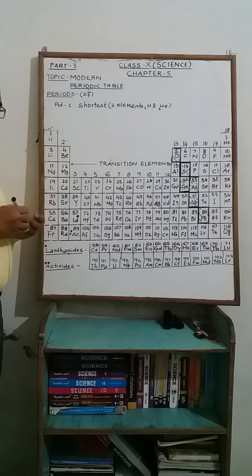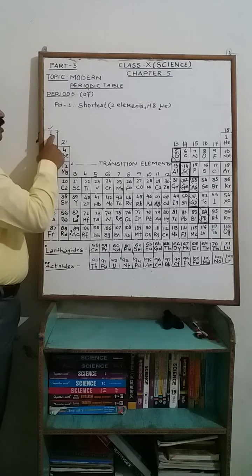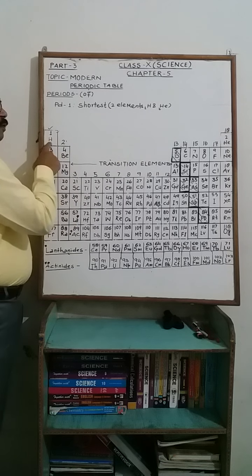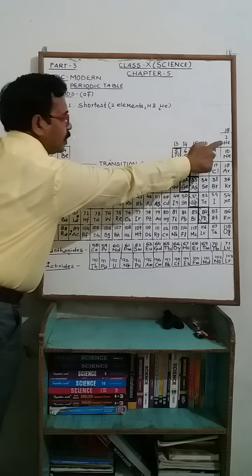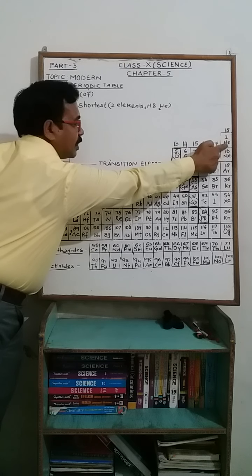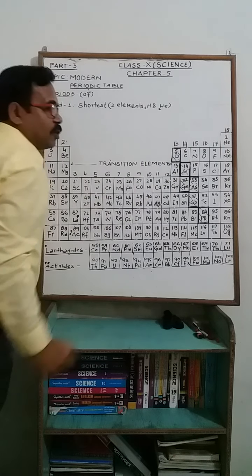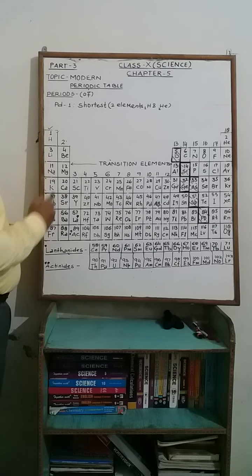You can clearly see. So this is the first period. In the first period, atomic number 1 is hydrogen, and just at the last, in the 18th group, is the second element with atomic number 2. So this period is known as the shortest period.